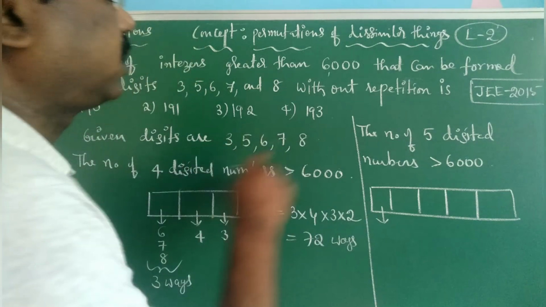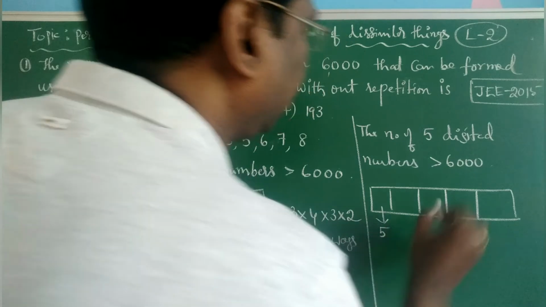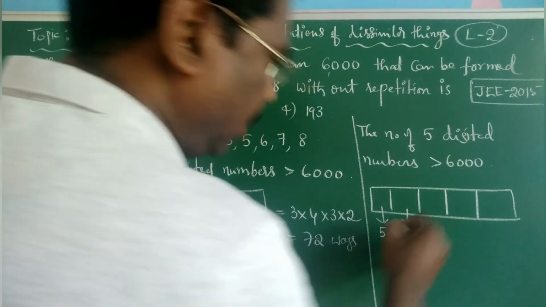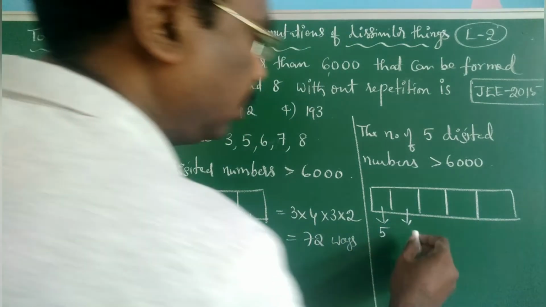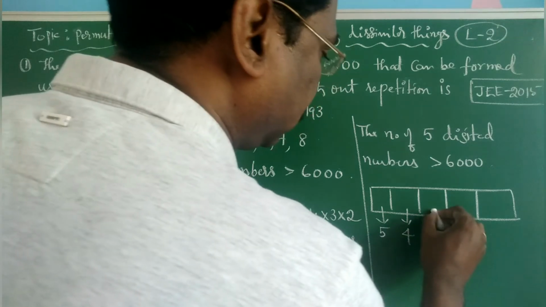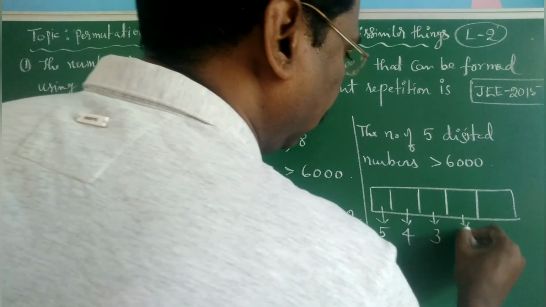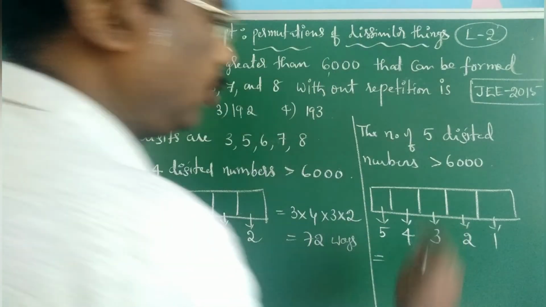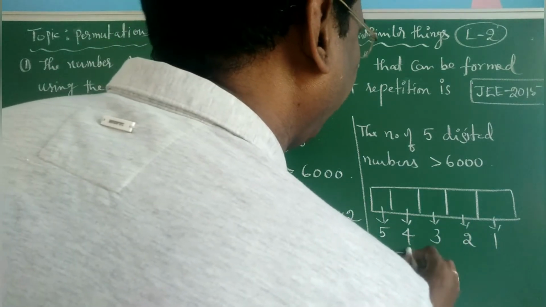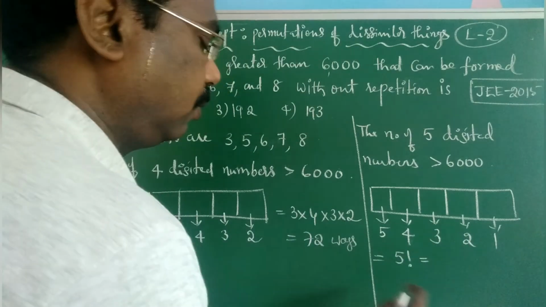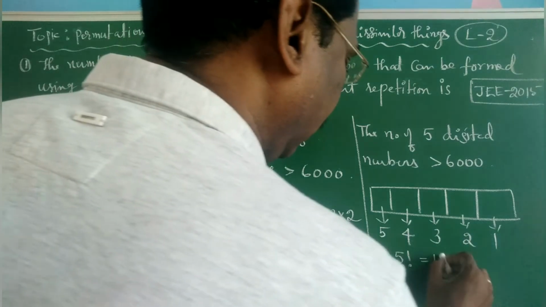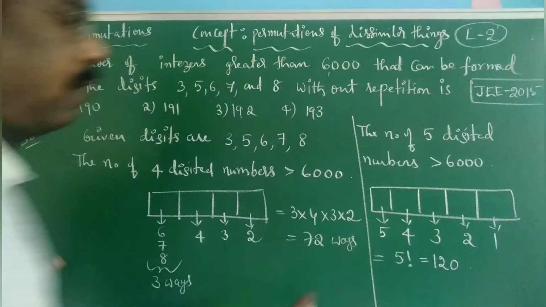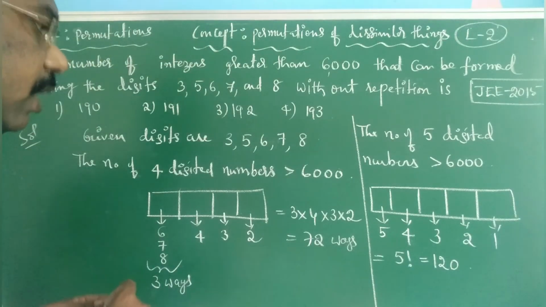The first place can be filled in 5 ways. Next, without repetition, the second place can be filled in 4 ways. Third place 3, 2, 1. Now 5 into 4 into 3 into 2 into 1, 5 factorial is equal to 120.